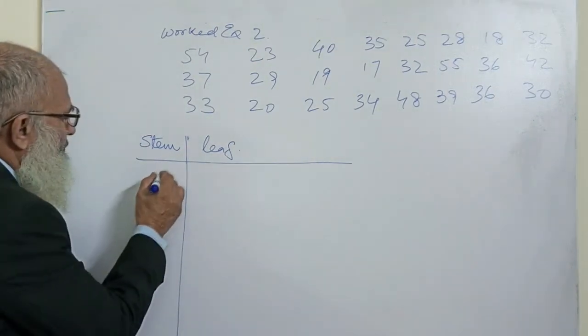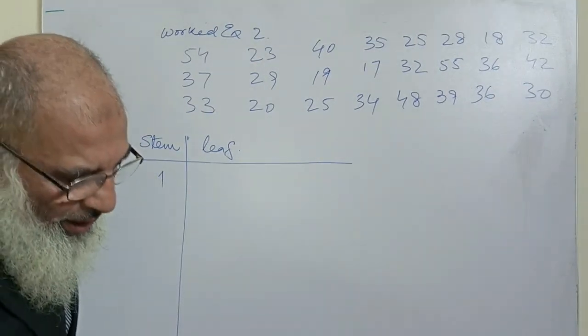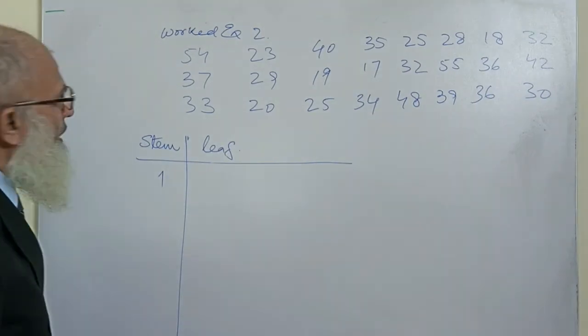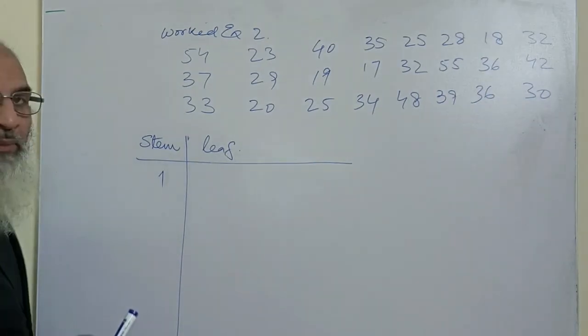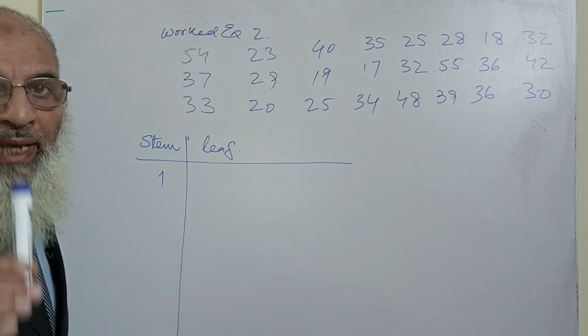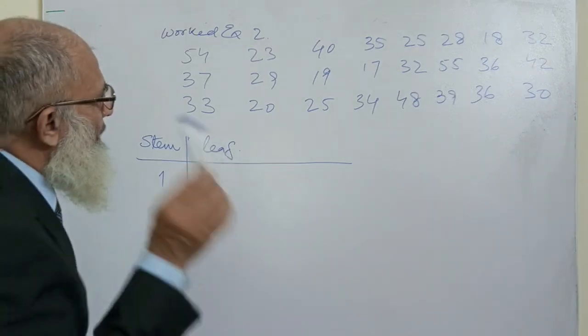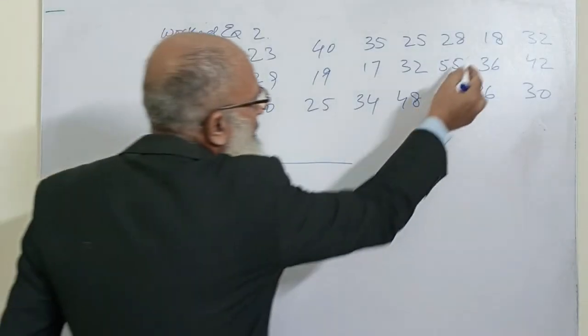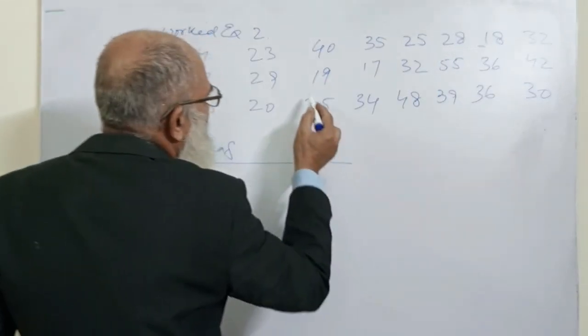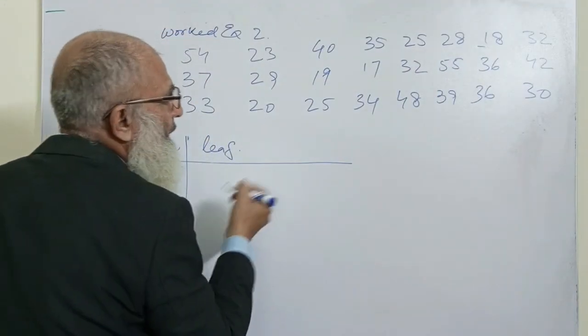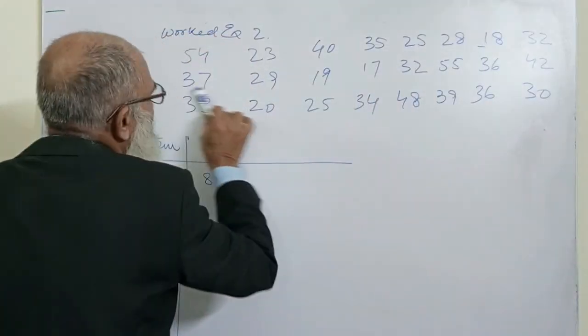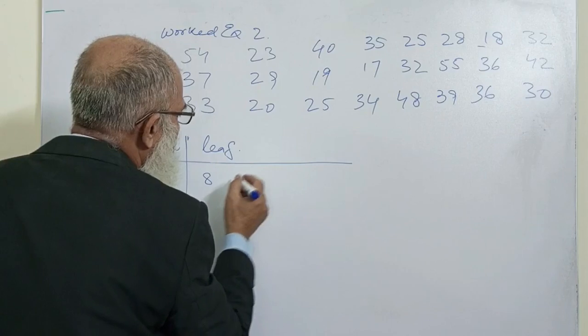Now for 1, we start from 1. We'll take all the numbers with the 10th digit of 1. So this is number 1. Okay, I'll start writing 8, 19, 17.